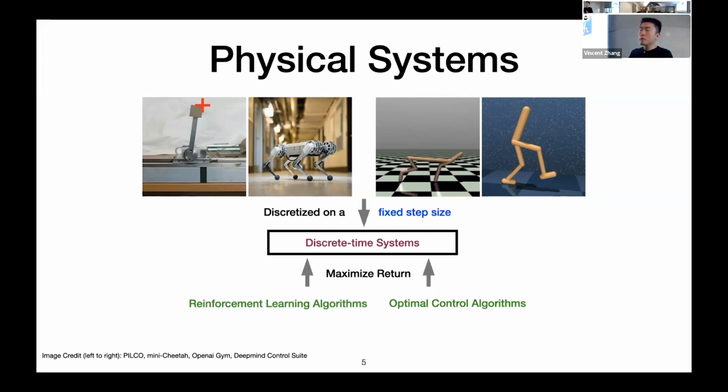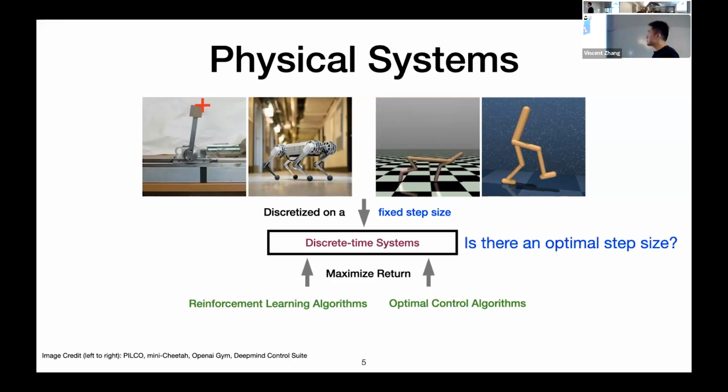So the high-level picture looks like this. We have some system that runs in continuous time, and then we discretize it with some fixed step size. The underlying system now becomes a discrete time system. Then we run RL, we run optimal control to maximize the return. But that return is for that discretized system.